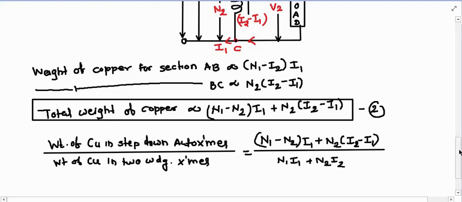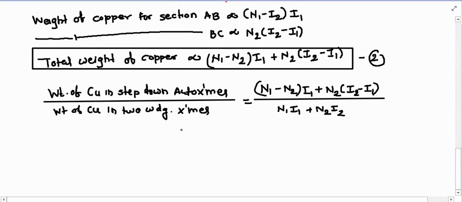So if we simplify this, I can write this as N1 into I1 minus N2 into I1, right?